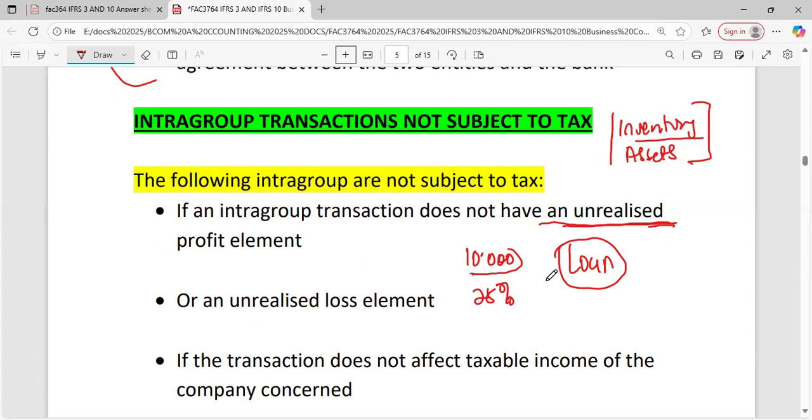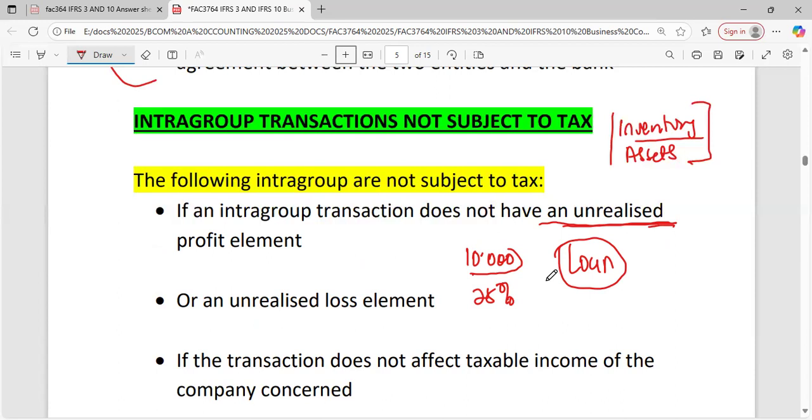Before you proceed, I want to understand the loan part. If the buying company loans the selling company 10,000, and that transaction exists amongst both of them as a loan, would this still be the case that we must deduct the tax?